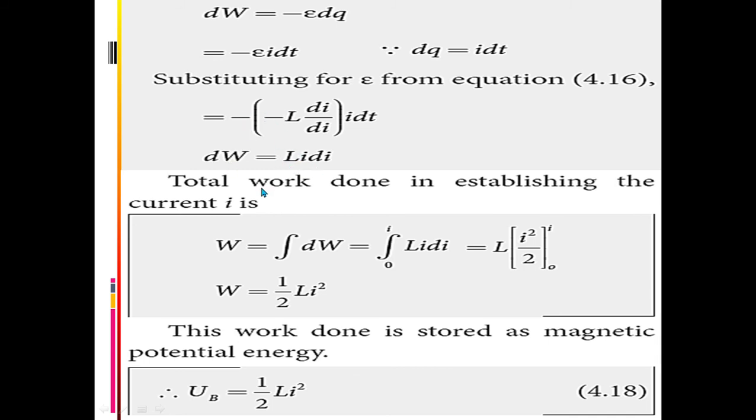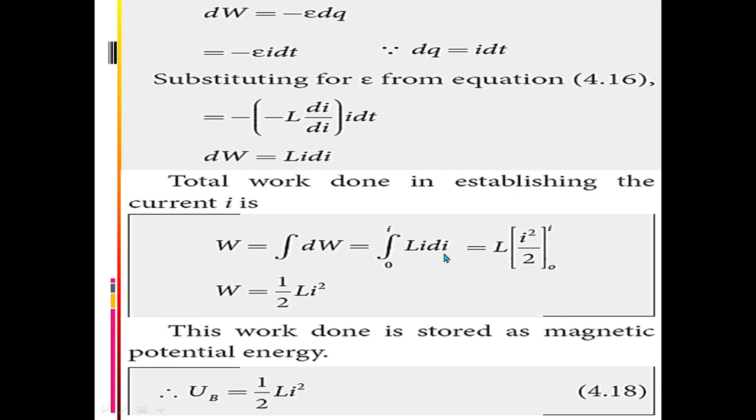So the total work done in establishing the current I is W is equal to the integration of dW, which is the integration from 0 to I. So from the beginning to the maximum current is represented by I. L I into di. So integrate only the changing term. L is the constant, so take out the constant term. L into I into di.